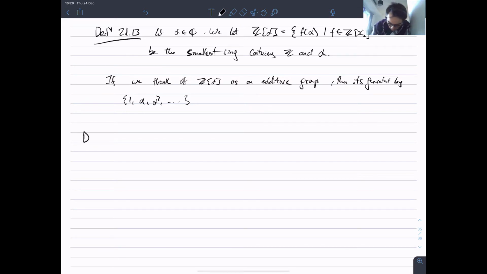So here's a definition of something being finitely generated. Definition 2.1.14. Again, let alpha be some complex number.